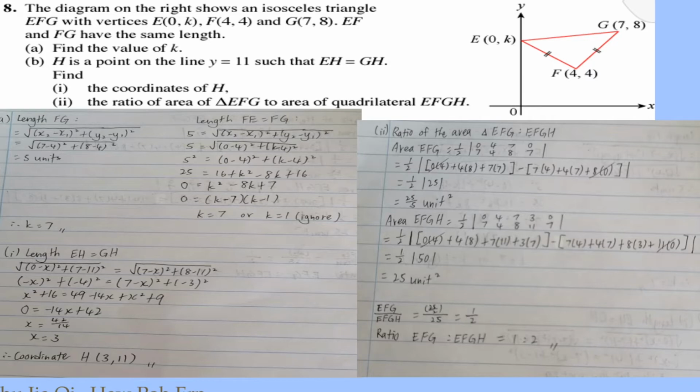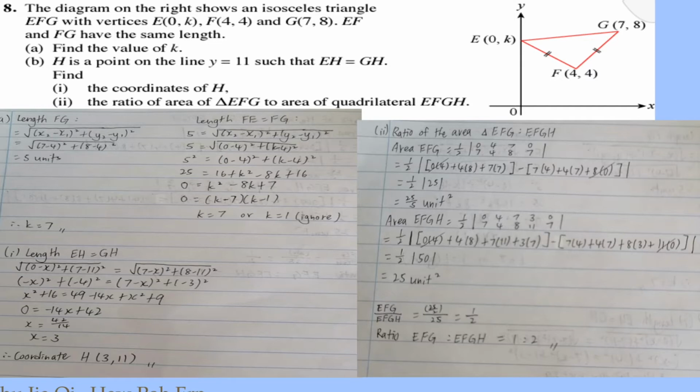Length FG is equal to square root bracket x2 minus x1 square plus bracket y2 minus y1 square. So it's equal to square root bracket 7 minus 4 square plus bracket 8 minus 4 square, which is 5 units.